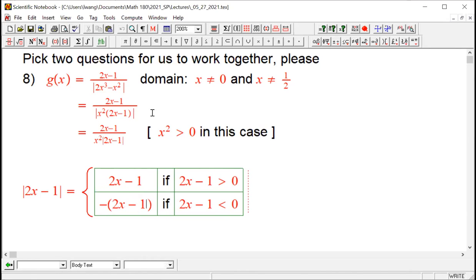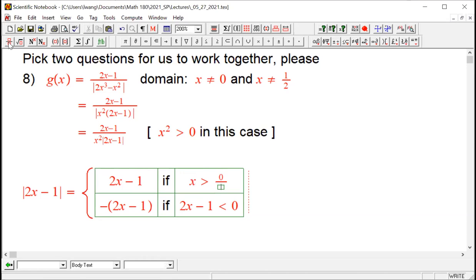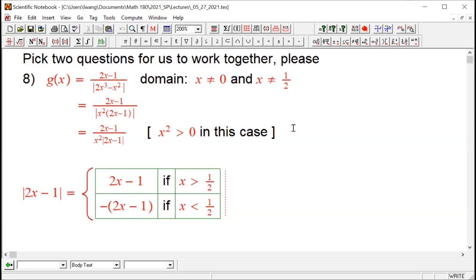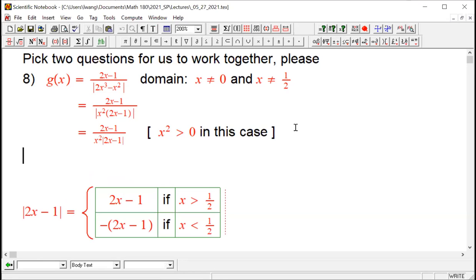We should be very familiar with this now, right? Of course, this changes to x larger than half, and this changes to x less than half. Are you with me? So 2 branches.